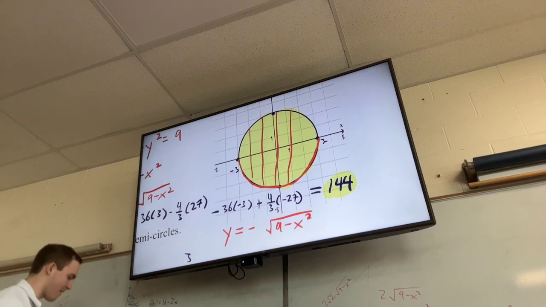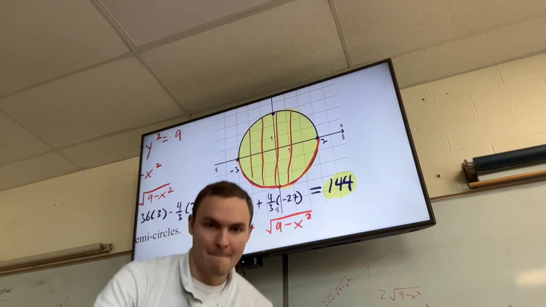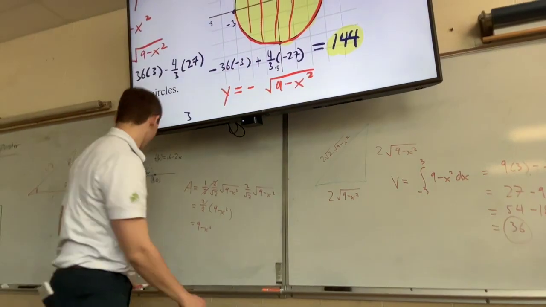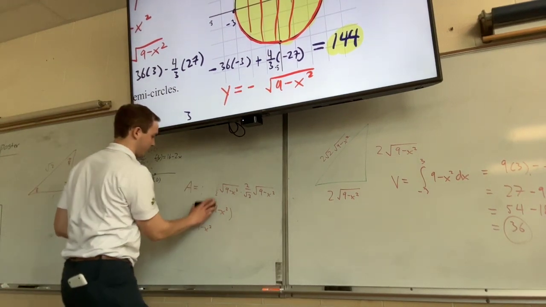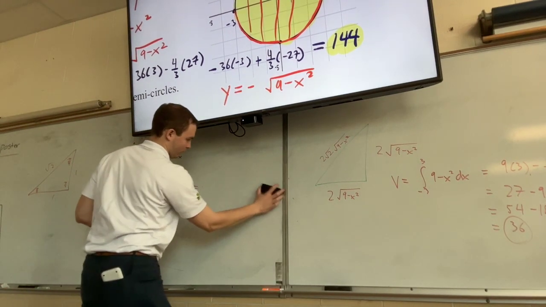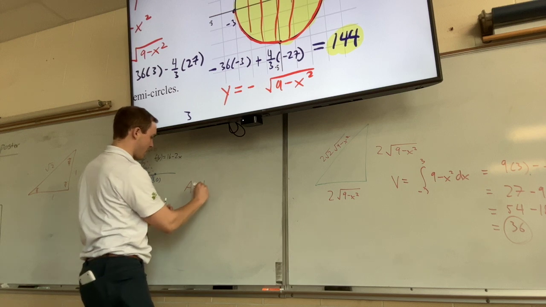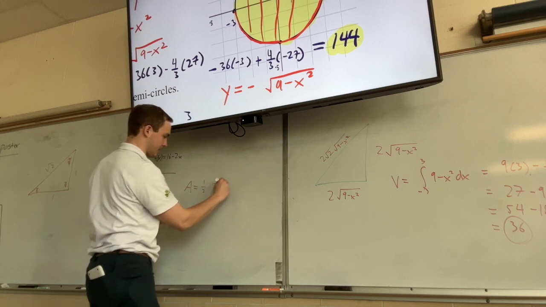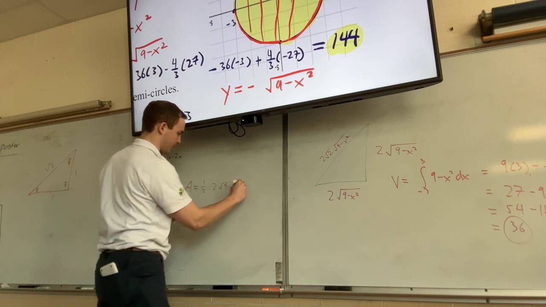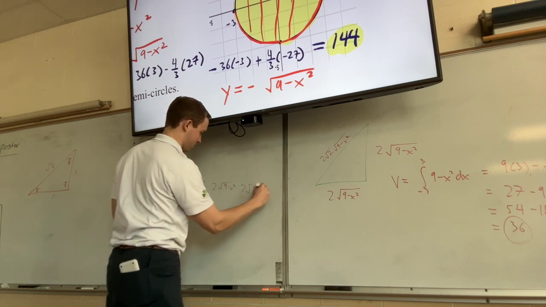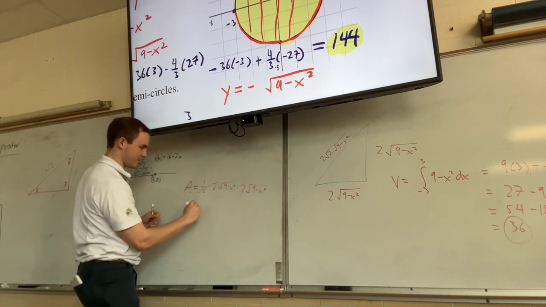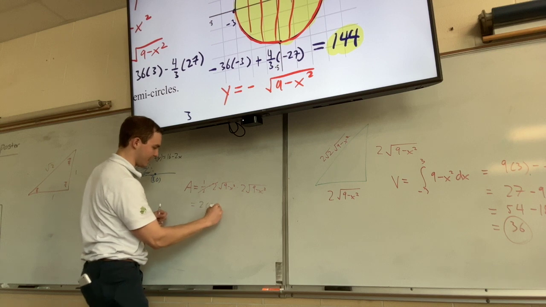Okay, so now our area formula: one half times base times height. These cancel. 2 times 9 minus x squared.